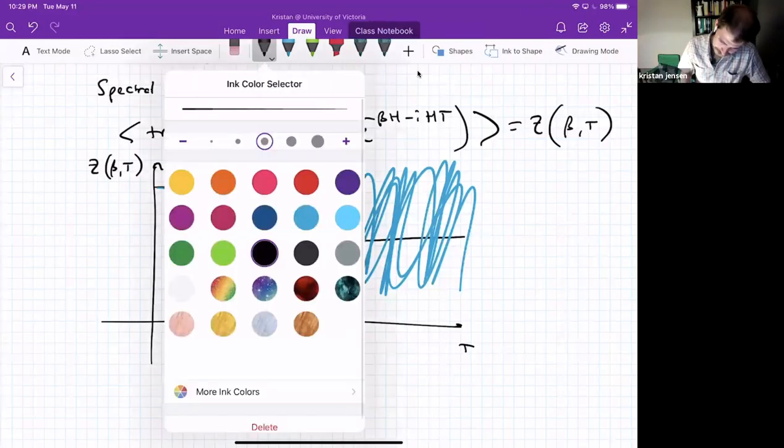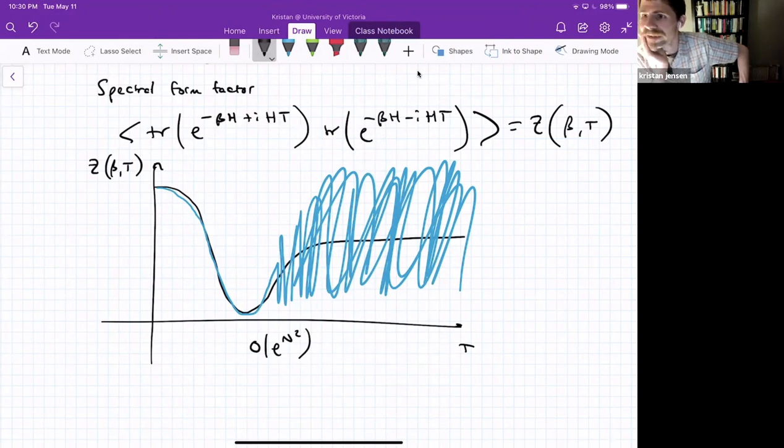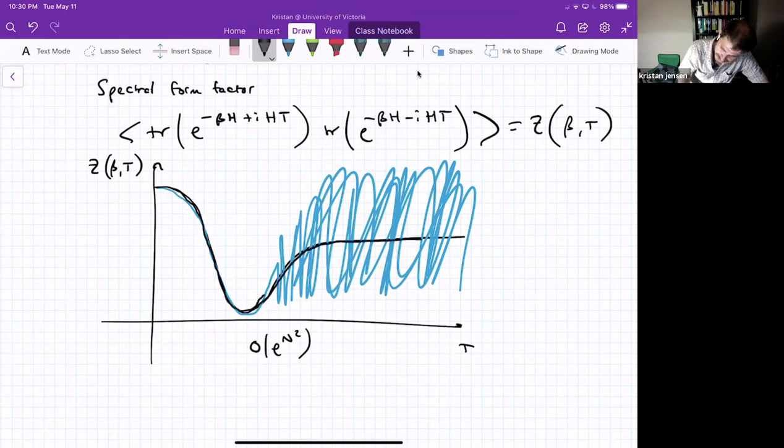However, if you do one of either two things, if you either take a small time average with a single instance, or if you ensemble average over Hamiltonians that are very close to the one that you're studying, then in either of those cases, you end up getting this black curve, this thing that's fairly smooth, which has three regimes.